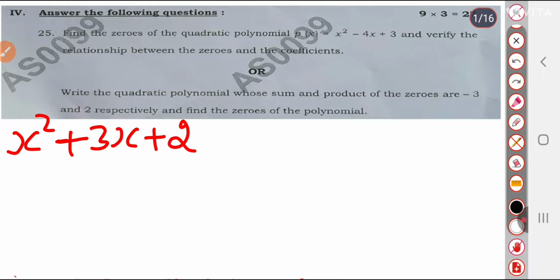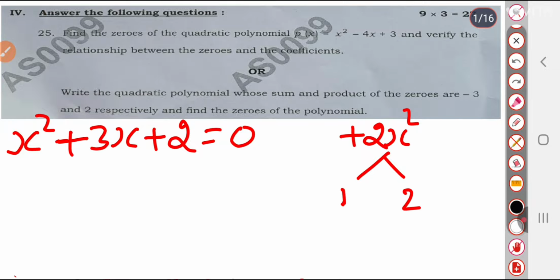To find the zeros, again we will equalize to 0. Again first and last term multiplication, that is plus 2x square. If it is plus, always we have to add the factors, that is 1 and 2. If we add, we will get middle term, that is plus 1x and plus 2x.